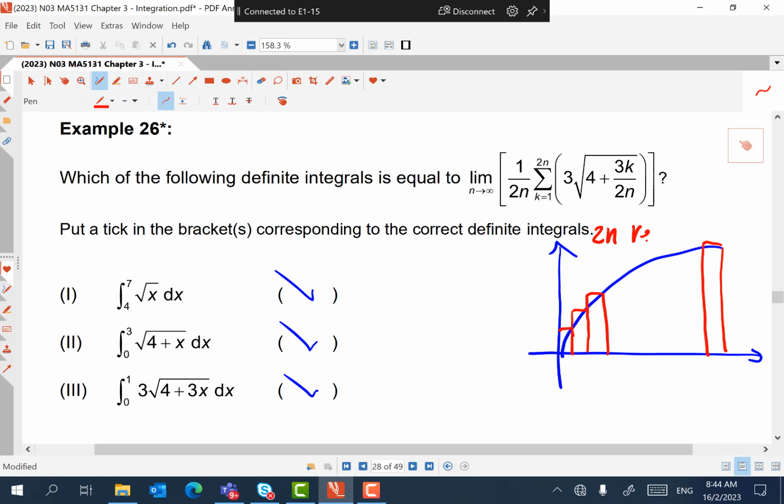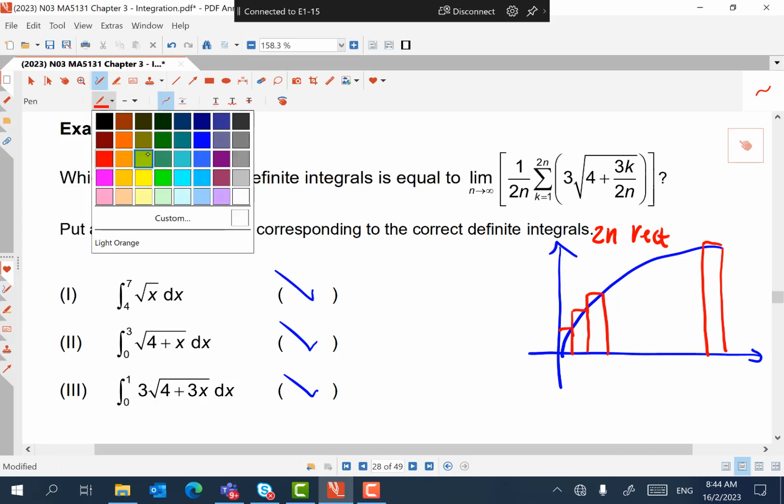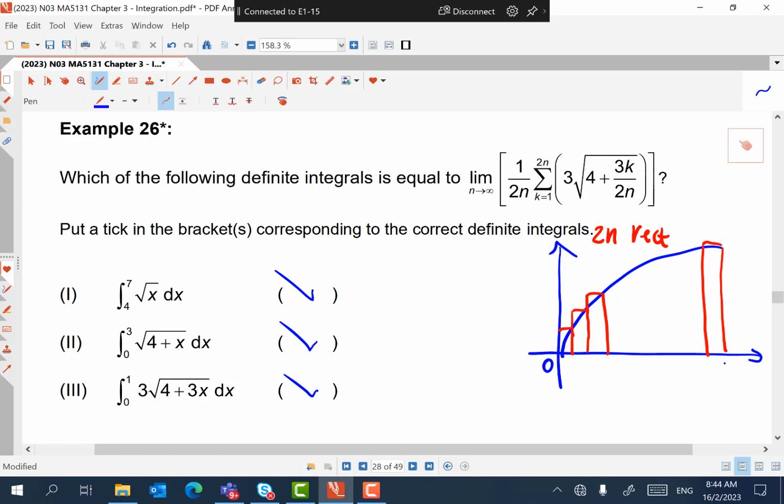The trick is to divide into 2n rectangles. This is 0. Yitong, what's the width of each rectangle? Based on this, you can find the area of the first rectangle. What's the area of the first?